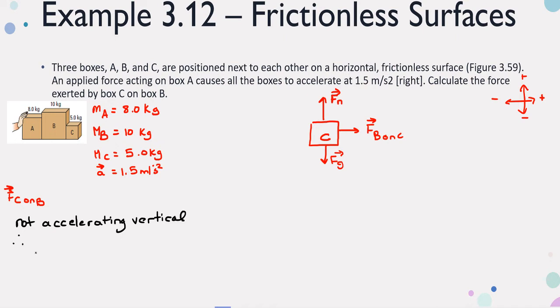Because it's not accelerating vertically, we can say that the F net is equal to 0 N, but this is only in the y direction. And that's important to know, because now we know that we don't have to do vertical direction calculations.